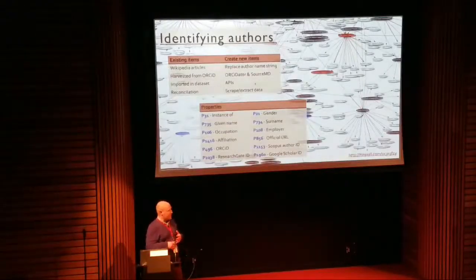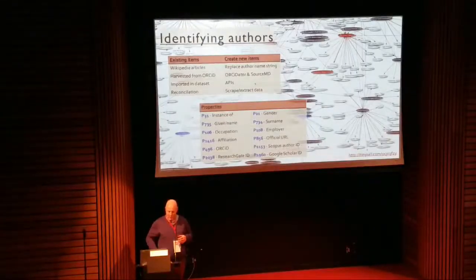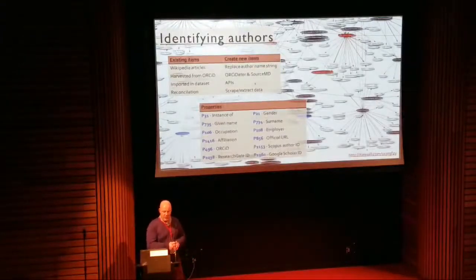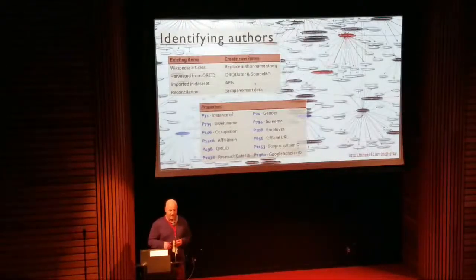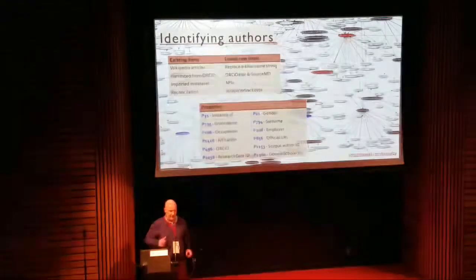And in addition to that, I've been trying to add the external identifiers to each item, particularly ORCIDs, because it's very reliable, because it's curated by the author themselves, but also Scopus IDs, Google Scholar, and there's a whole list of these which I haven't put on the slide, of external identifiers where we can link to sources of information about their publications. Potentially we can then pull that into Wikidata as well to get all those works into Wikidata.